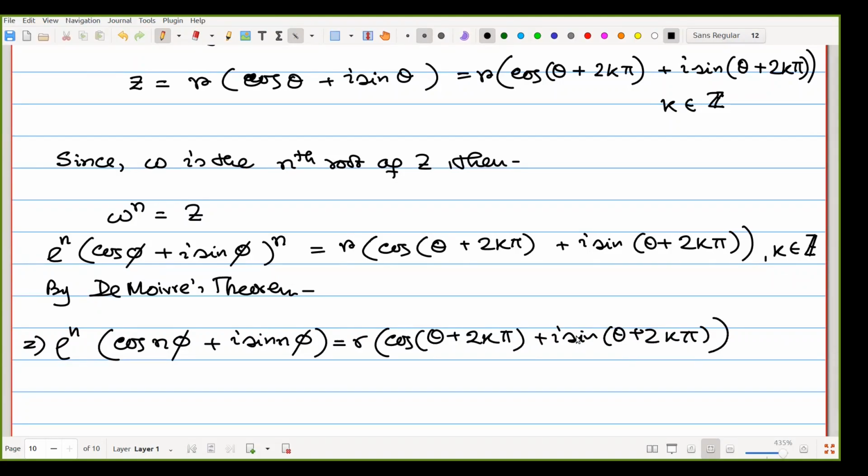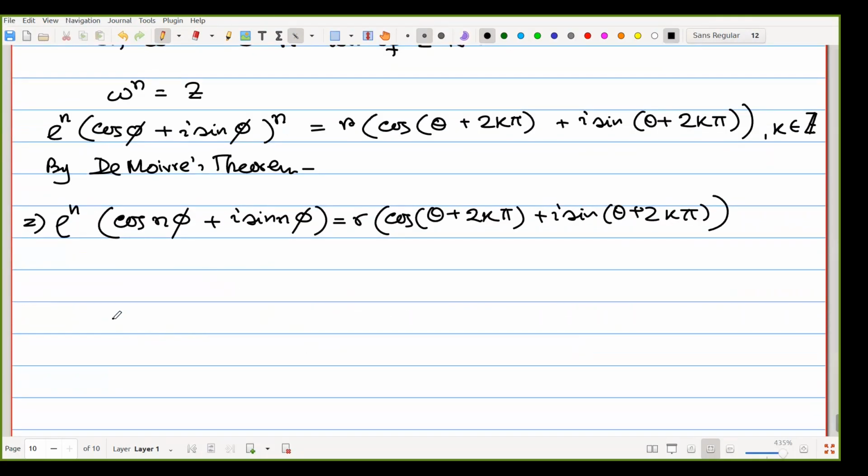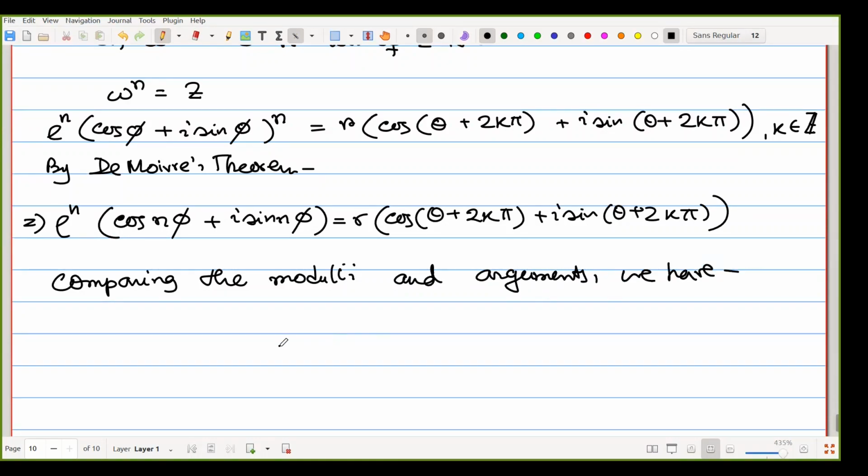Now we can compare the left hand side and right hand side, practically the moduli and also the arguments. We have rho to the power n is equal to r, and n phi is equal to theta plus 2k pi.